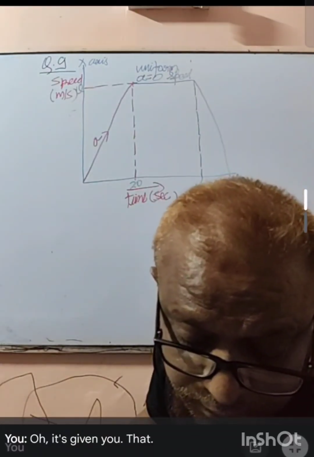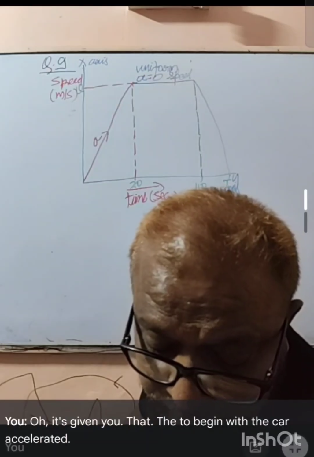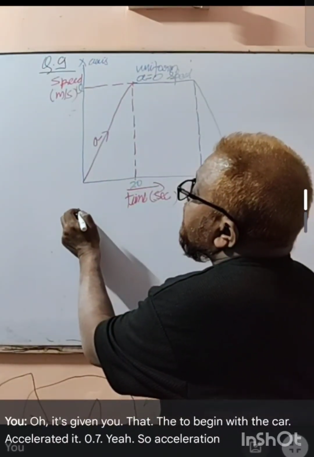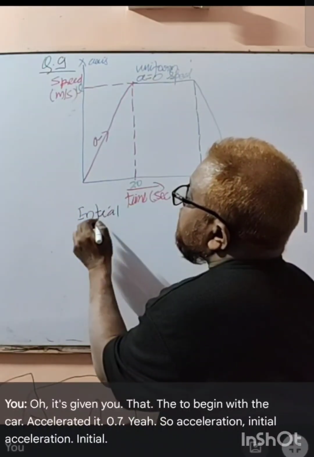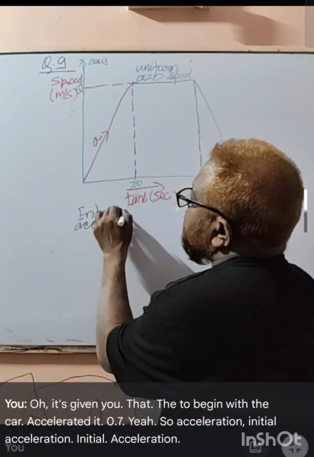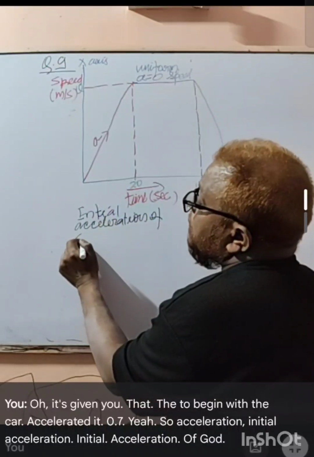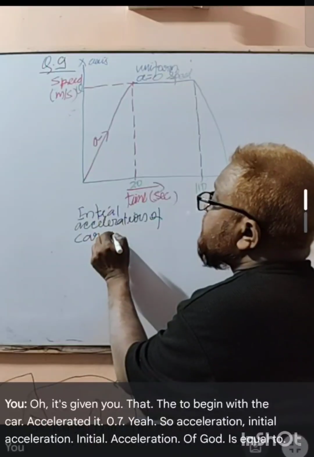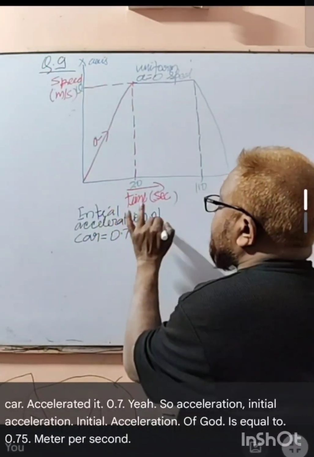It's given that to begin with the car accelerated at 0.75. So initial acceleration of car is equal to 0.75 meter per second square, right?